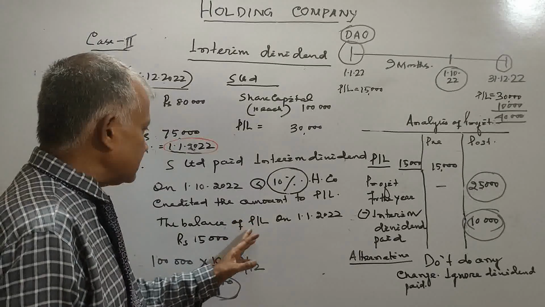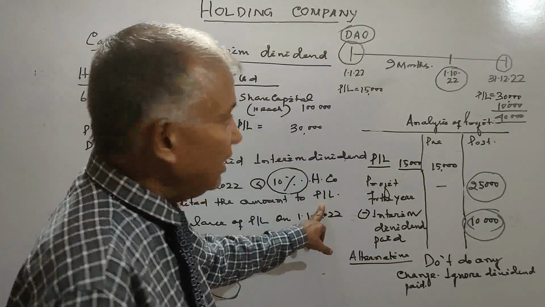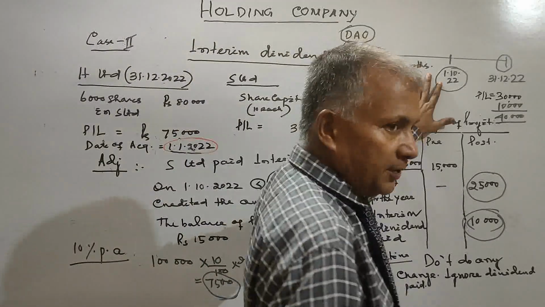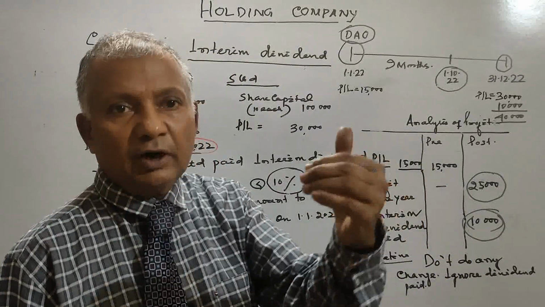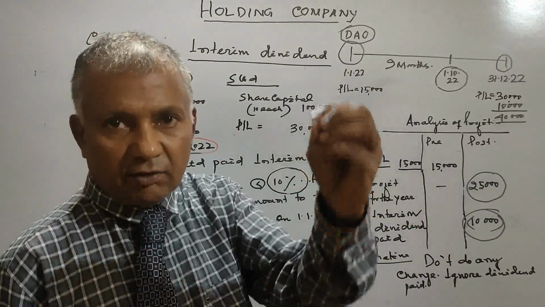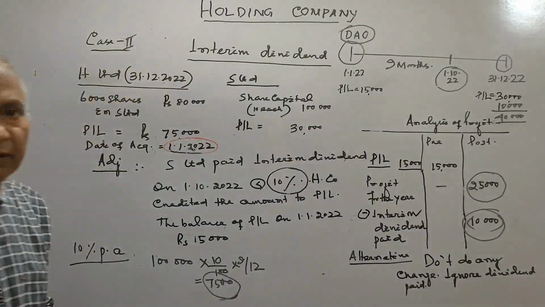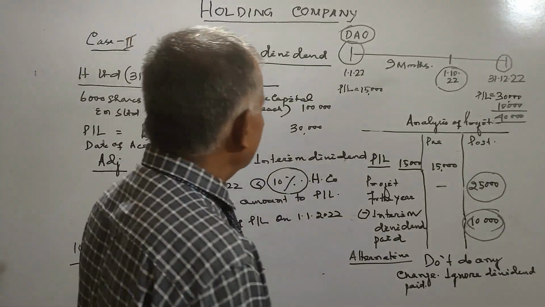Holding company has taken this dividend to the profit and loss account, and as it is a post acquisition profit, holding company has taken to PL. Holding company has made the correct entry, so nothing has to be done in the holding company PL. That is statement 4.